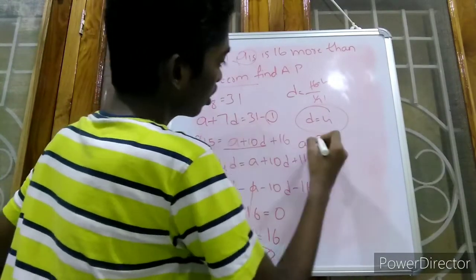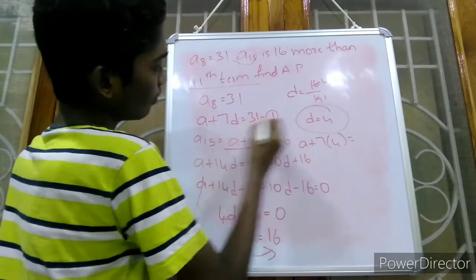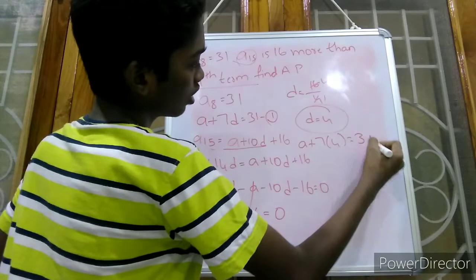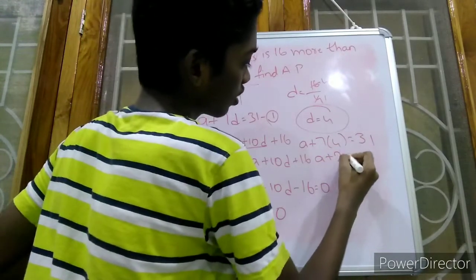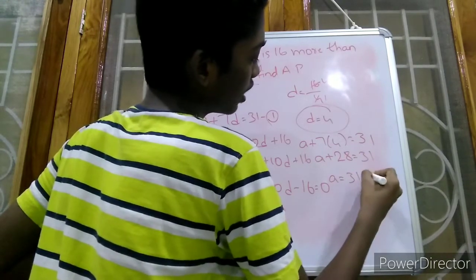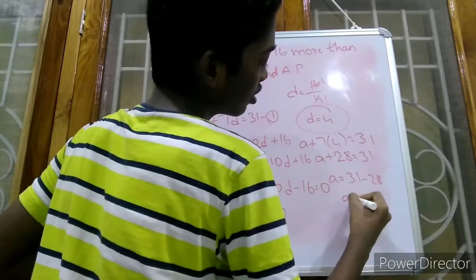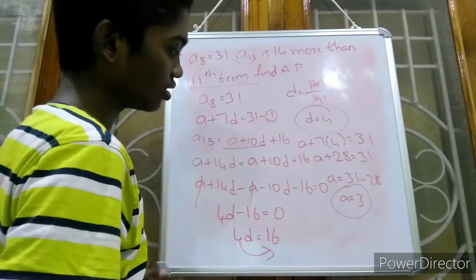A plus 7 times 4 is equal to 31. A plus 7 fours are 28 is equal to 31. A is equal to 31 minus 28. A is equal to 3. So friends, we got the A value as 3.